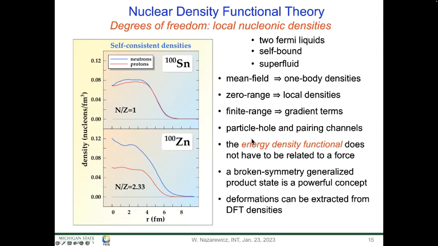And the important input to nuclear density functional theory is the energy density functional, which is basically the energy density of the nucleus written in terms of various nucleonic densities and currents.